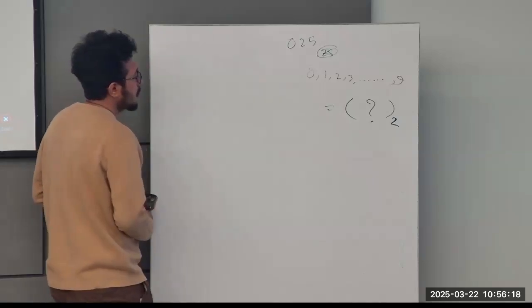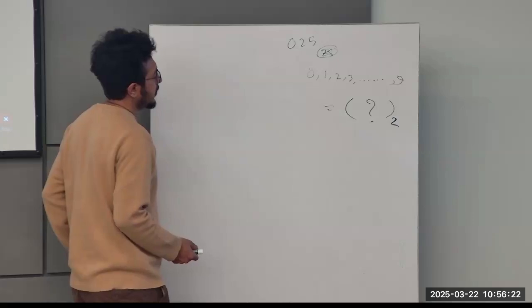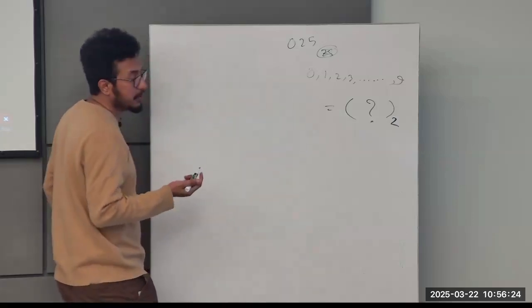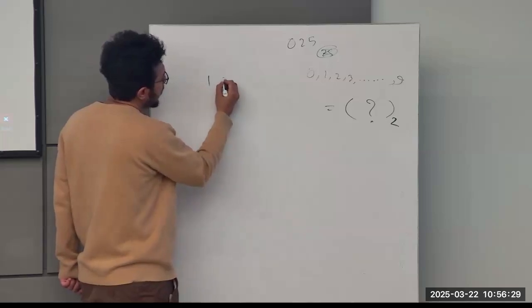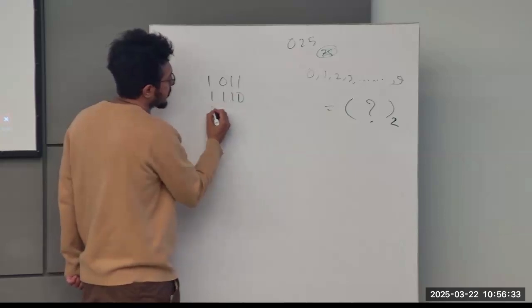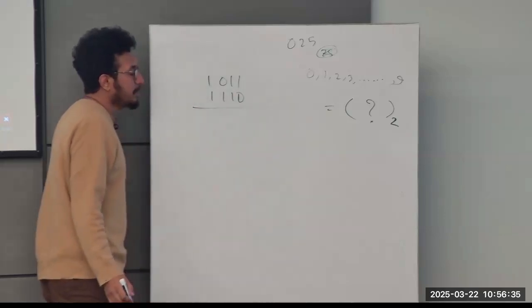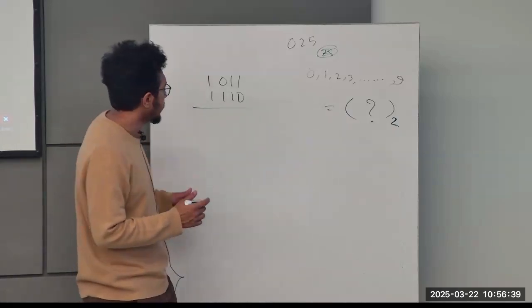Yeah. So now, how will we actually build the truth table of an adder? Any two binary numbers, for example, if I want to add these two binary numbers. So think about it. Now we know how to add two binary numbers.